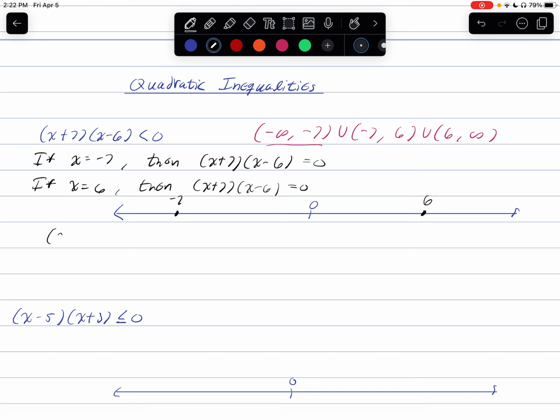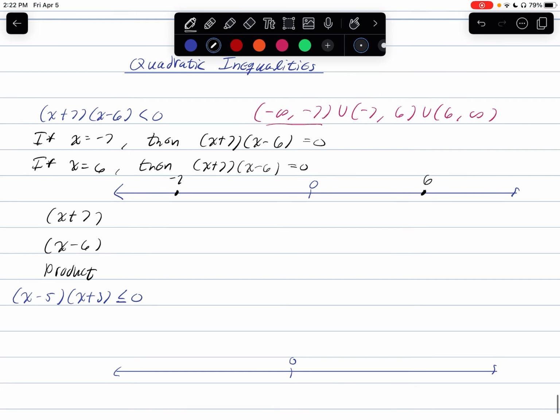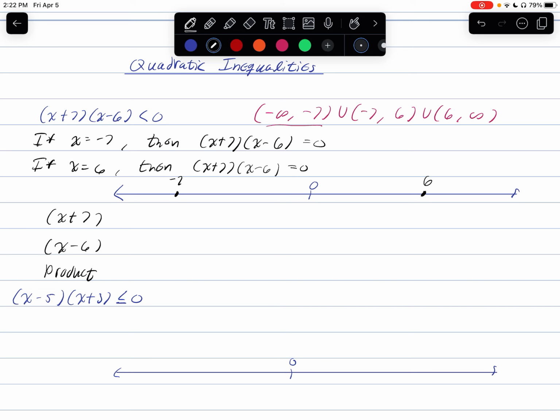Let's write x + 7, and we'll write one for x - 6, and then we'll have their product as well. If we have this from -infinity to -7, let's say we pick -8, for example. -8 + 7 is going to give us a negative number. So it's going to be negative on this interval here.